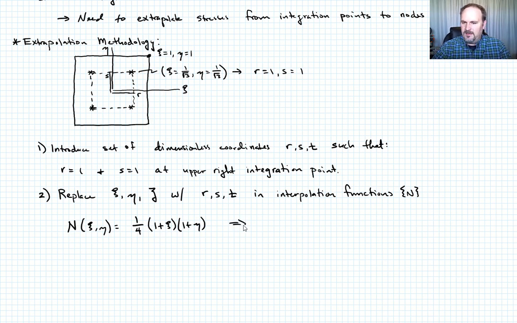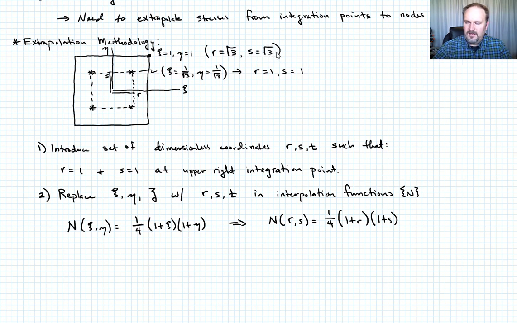Then we would just write this as N of R and S equals 1/4 (1 plus R)(1 plus S). And I also want to go up here and write that this point up here, xi equals 1, eta equals 1, now is R equals the square root of 3, and S equals the square root of 3. Okay?